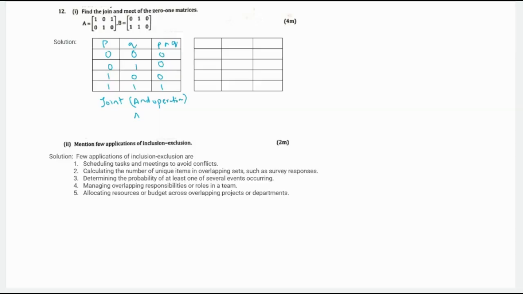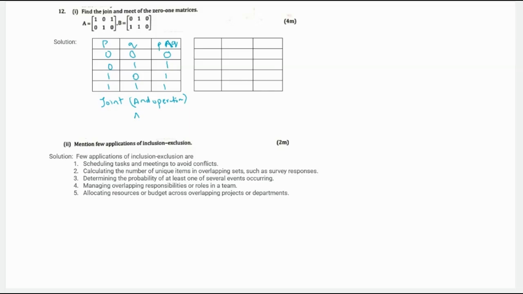But here there will be one change: the operation will be for AND, but you will write it in reverse order. For join it will be 0 0 0, the remaining all will be 1, so the operation is OR.